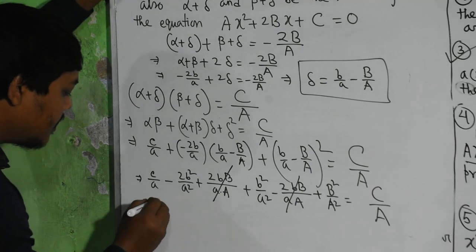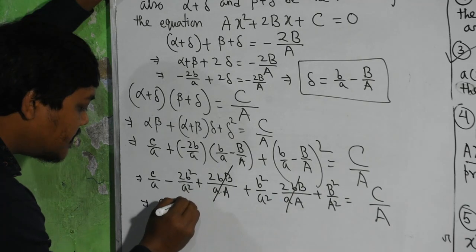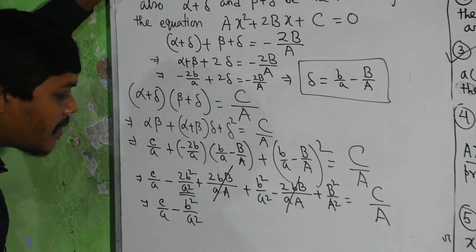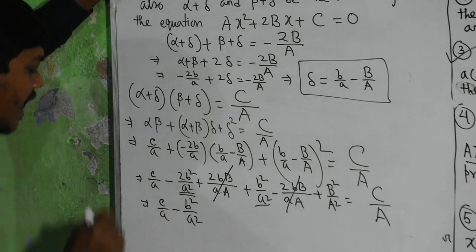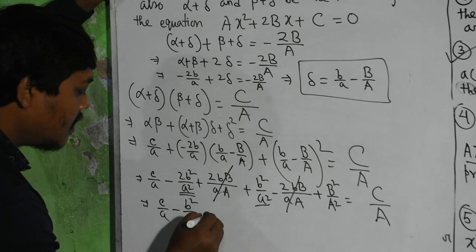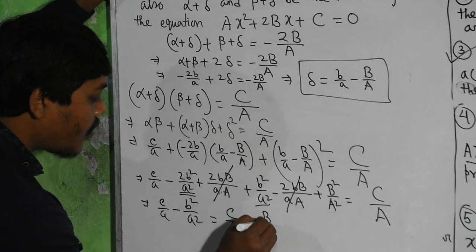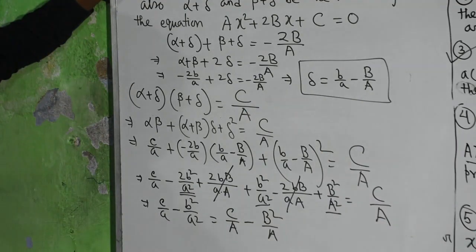So we will get small c by a minus b square by a square, because I have minus 2b square by a square and plus b square by a square. So we have gotten minus b square by a square equals capital C by A minus B square by capital A square. I have taken this part on the right hand side.